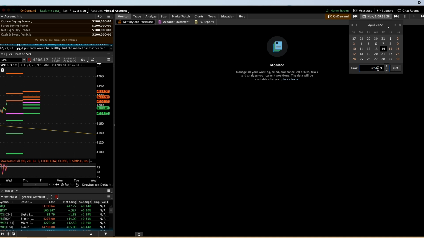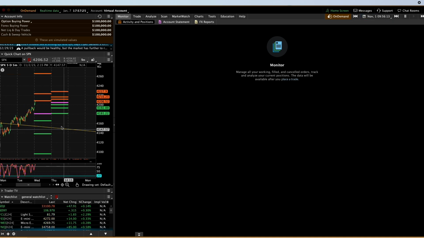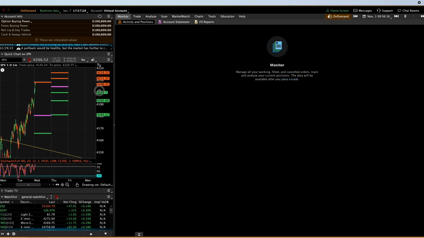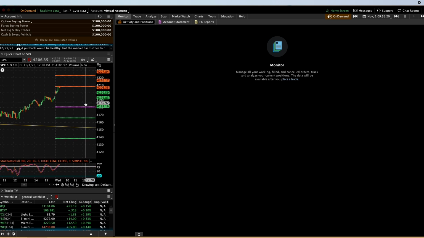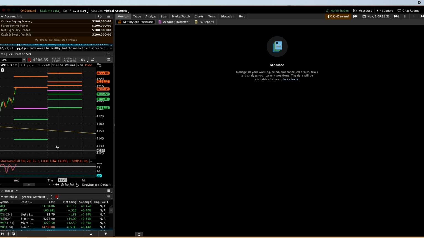We're going to start at 9:56. This is my secondary chart that I pay attention to throughout the day, because I can see the next day's pivot points on here, which I can't see on TradingView.